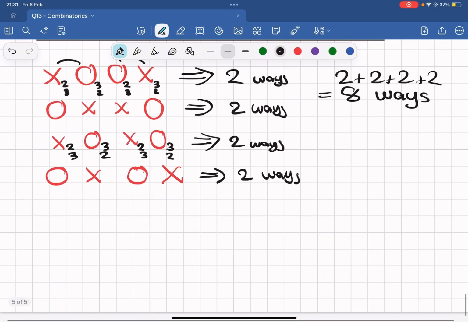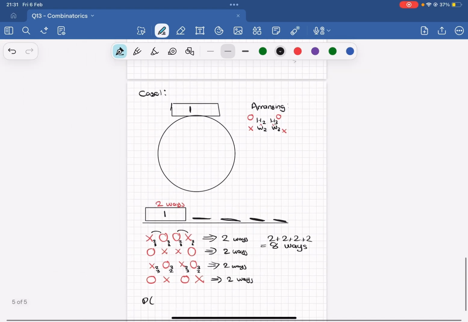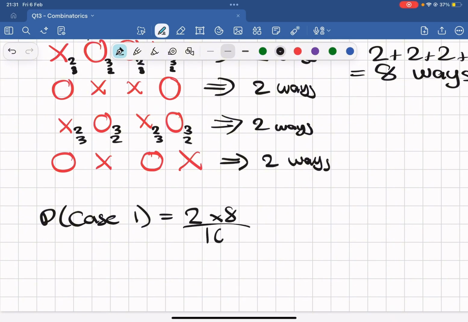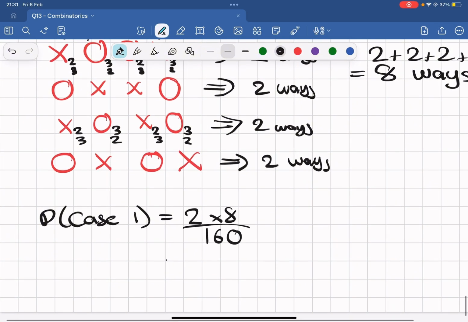So the probability of case 1 is 2 times 8 over 120, 8 over 160, well that is 1 over 20, so is it? No, 16 over 160, 1 over 10.